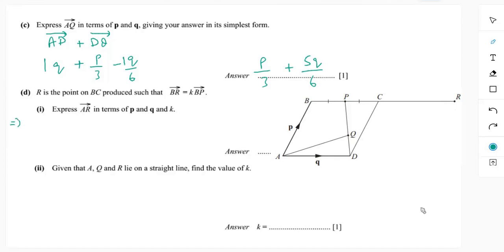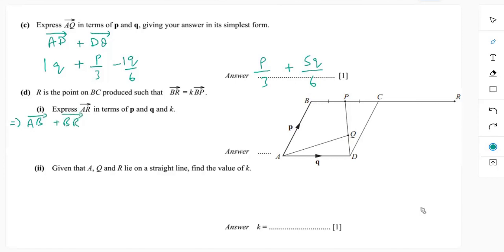We can say AR is the same thing as saying we go from A to B, and then we go from B to R.